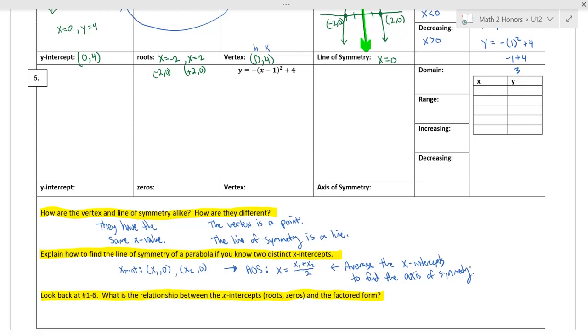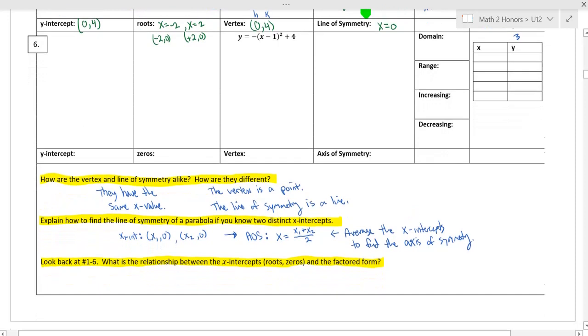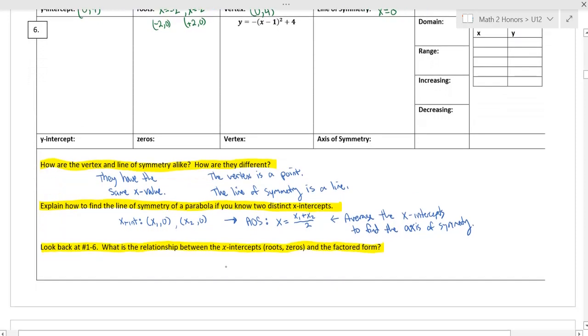Alright, last thing here is to look back at 1 through 6 and answer what is the relationship between the x-intercepts, or roots and zeros, and the factored form. And what you'll notice is factored form, not always, but you can always write factored form this way.